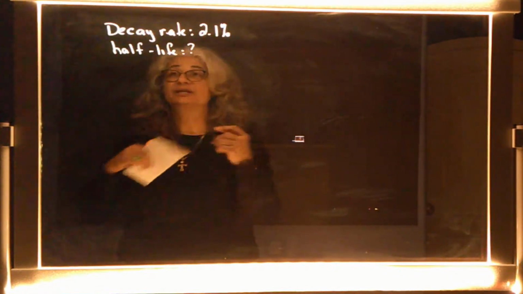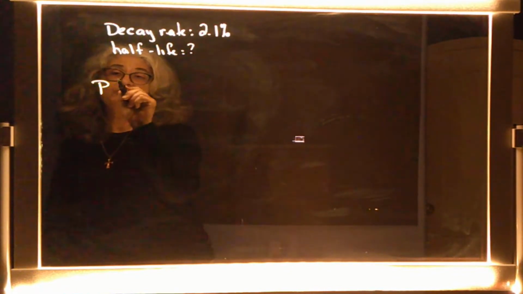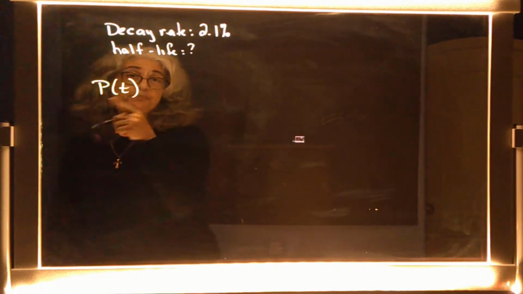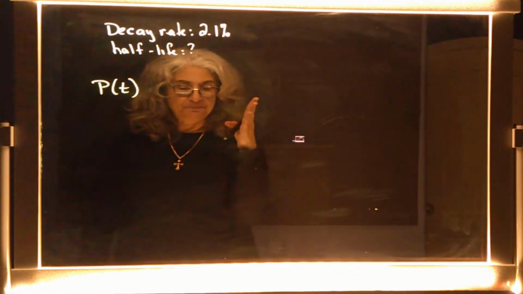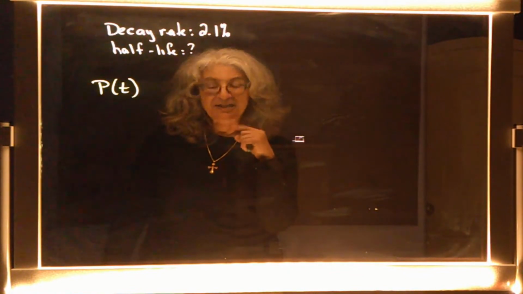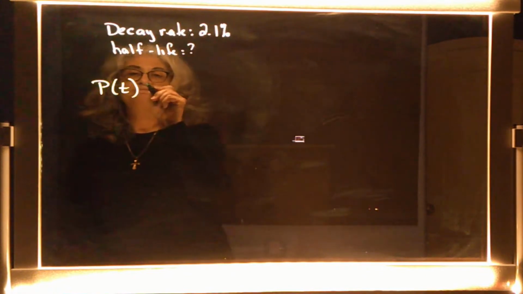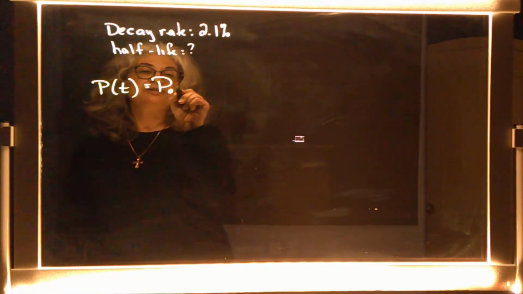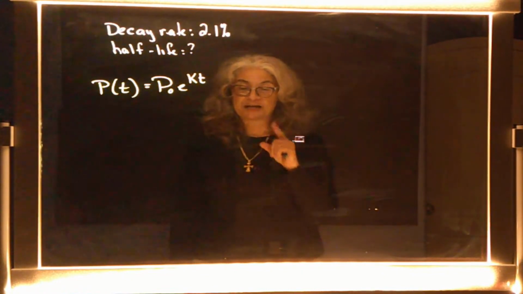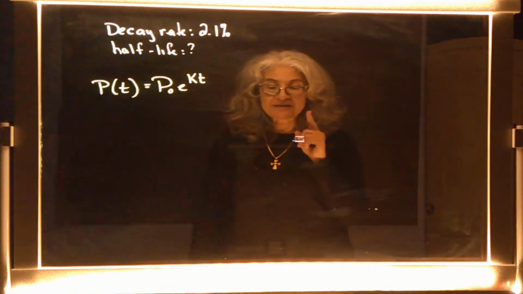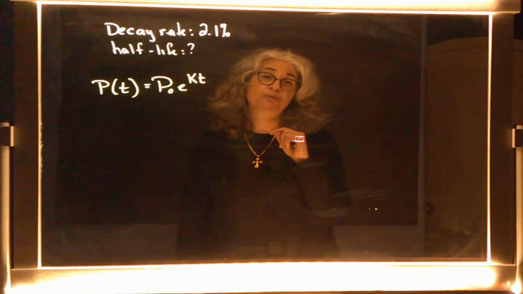So the formula looks like, and let's be more specific, the P of t, like population at time t, or in this case it didn't really tell us it was a population, but P sub 0 e to the kt, correct? Okay, now, they gave us a decay rate of 2.1%.